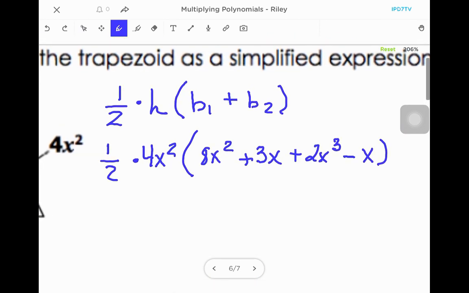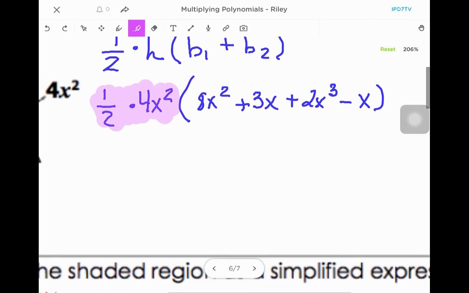So let's simplify this a little bit. Let's focus on this. This just says, what's half of 4? Well, if I have $4 and I give half of it away, I have $2 left. And x squared just comes with it. Remember, it's like a label.